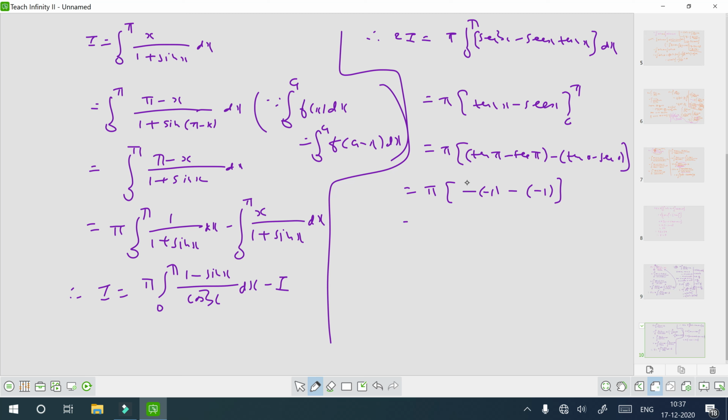Yes or no? That is equal to pi, that comes out 2. So 2I is equal to 2 pi. So I is equal to pi. In this way we can solve it. Next one.